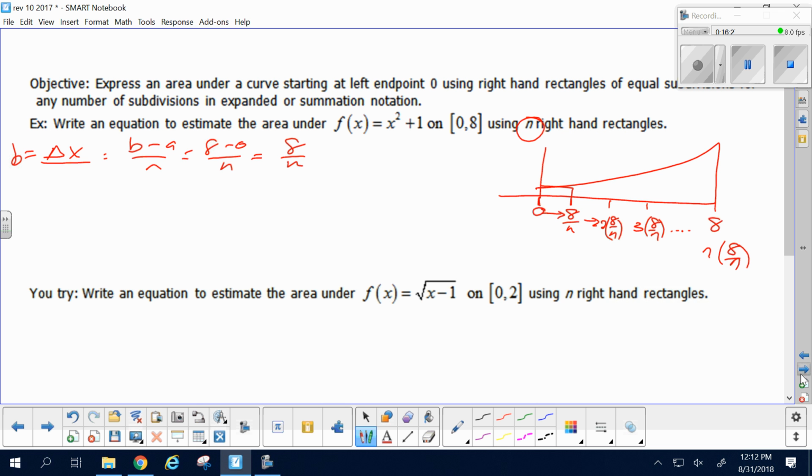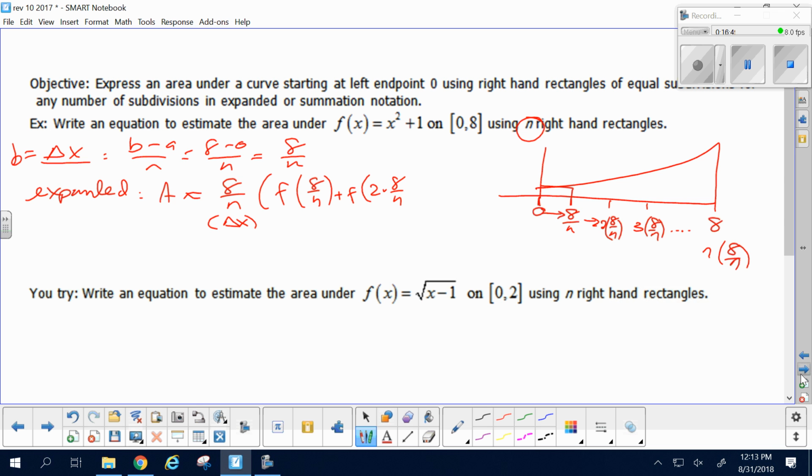Now, if we were to do this in expanded notation, it would look something like the area is approximated by 8 over n, that's the delta x, or the base, and the first is f at 8 over n, then f at 2 8 over n's.